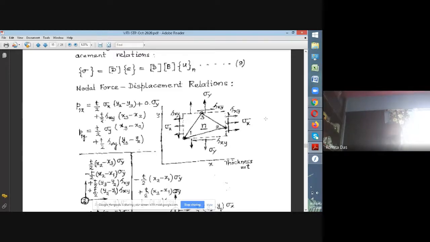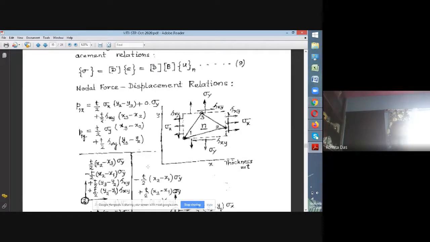So let's find out. Since this stress field consisting of sigma x, sigma y, tau xy is constant everywhere, how much load does it boil down to at the nodes 1, 2, 3? I want to have this discussion today.